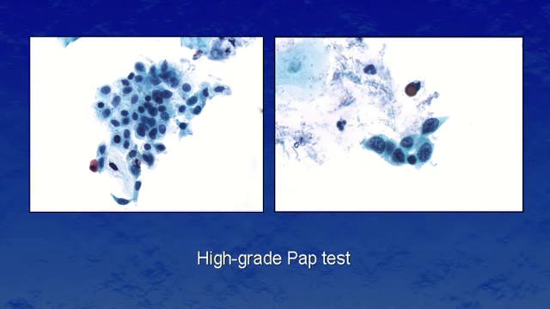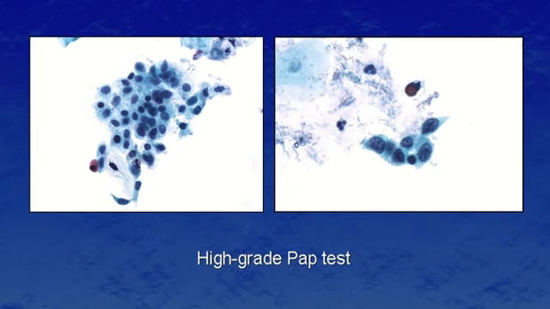This is really what we're looking for, however, high-grade disease on the pap test. These cells are small but have a high nuclear to cytoplasmic ratio and very dense hyperchromatic nuclei. These are the cells we're really looking for on the pap test. These cells reflect a high-grade abnormality, that is, precancerous change.